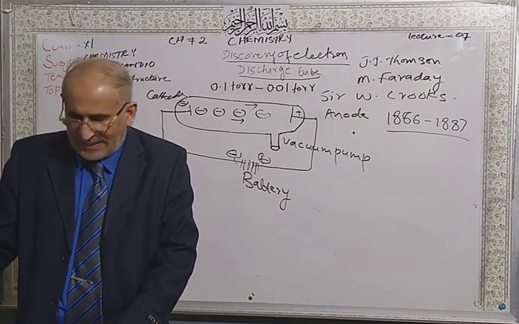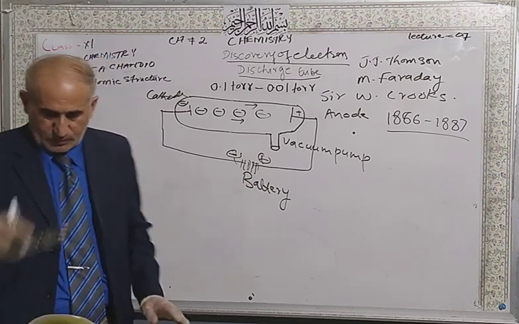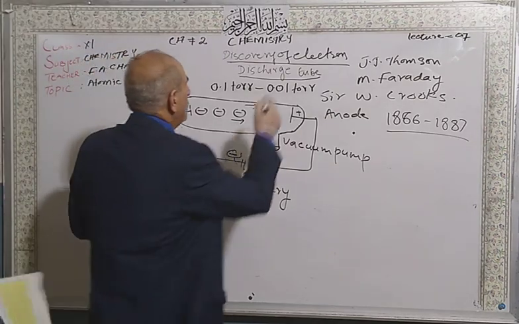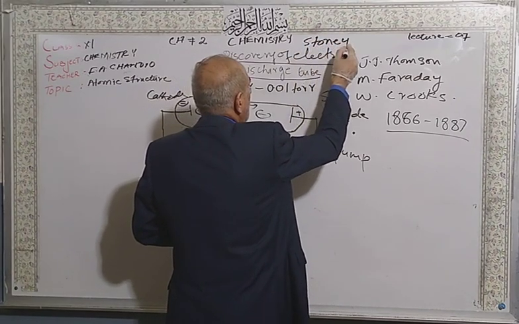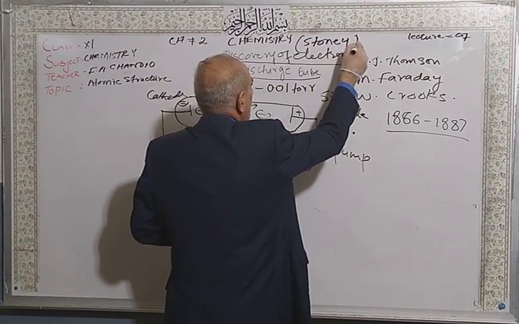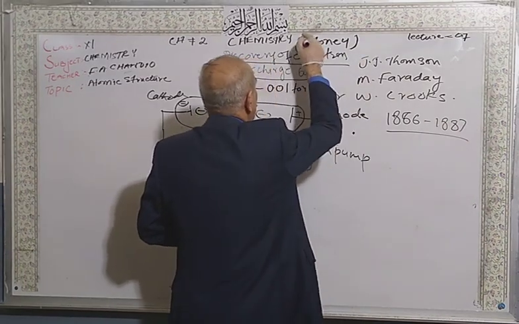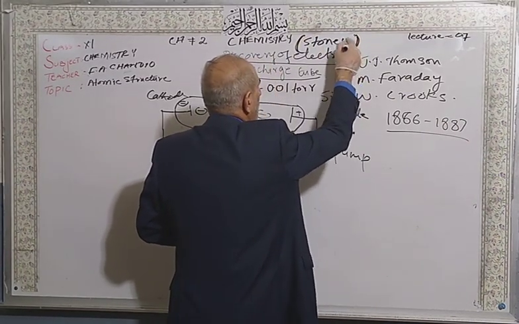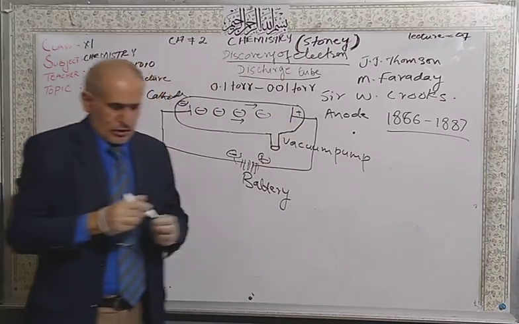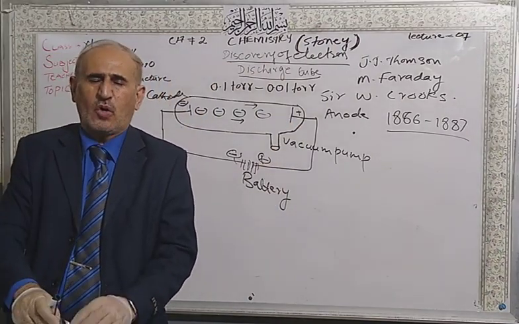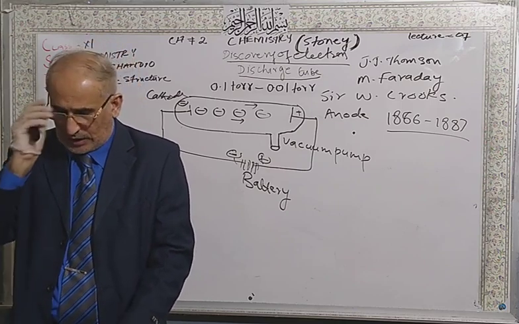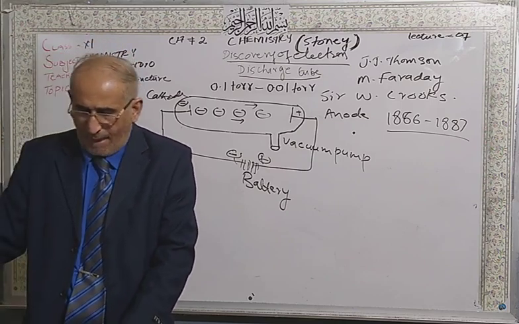The name of the scientist is Stoney. Stoney was a scientist, and he gave the name electron to the cathode rays.